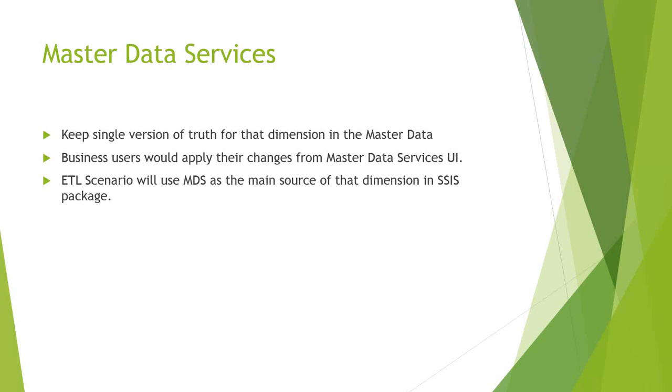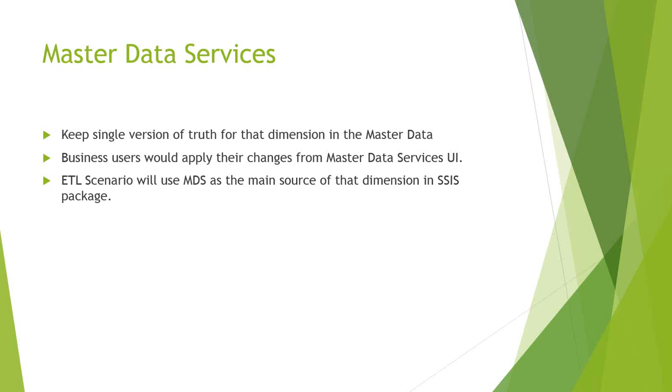For example, if we have a customer dimension in a CRM, in a sales system, in different operational systems, we can keep that customer information in a central repository and apply central security. All those systems will be subscribers of that Master Data Services entity. And this is very handy for business users to go directly into that entity, do their changes, and all other systems will get those changes because they are subscribers.